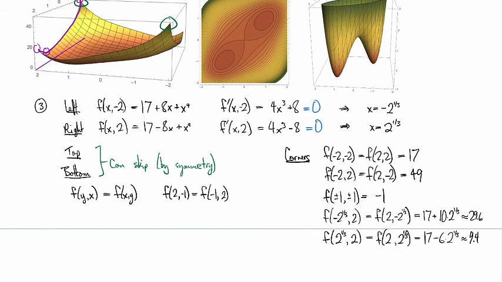Okay, so we have found all points of interest from the critical points. In this case, there was only the one critical point. And then we found the critical points of traces.